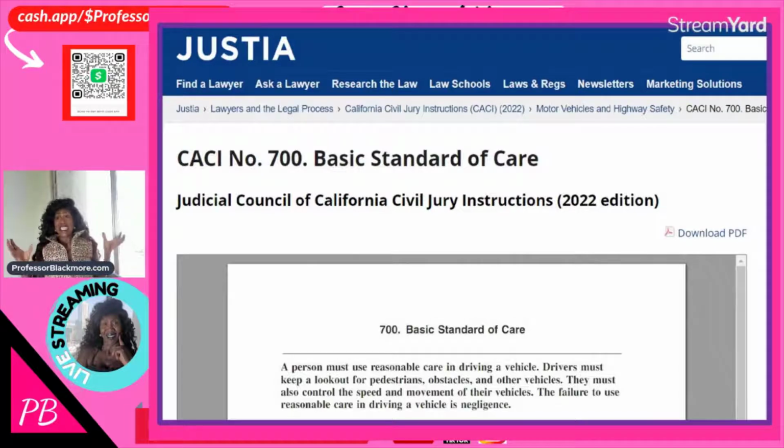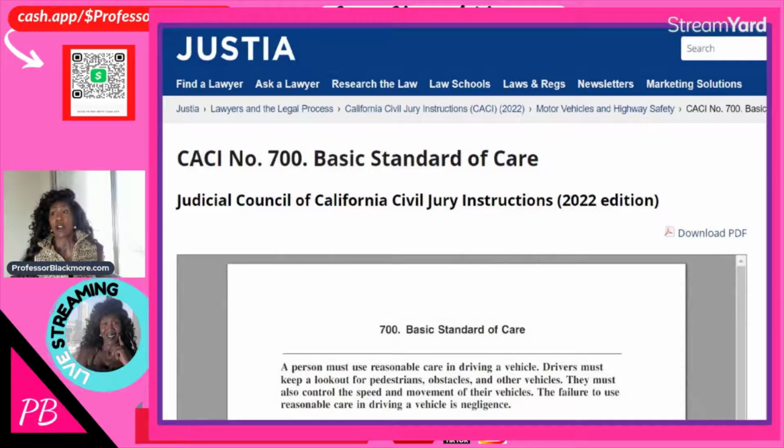So here is an example of a model jury instruction for an automobile accident case in California, which states that a person must use reasonable care in driving a vehicle. And these are some of the things that make up those elements of reasonable care in driving a vehicle. Things like the driver must keep a lookout for pedestrians, obstacles, and other vehicles.